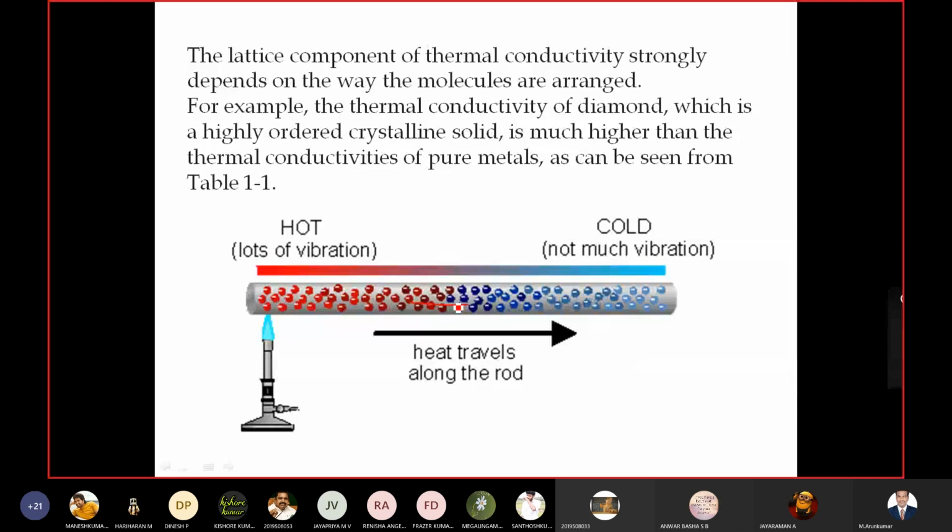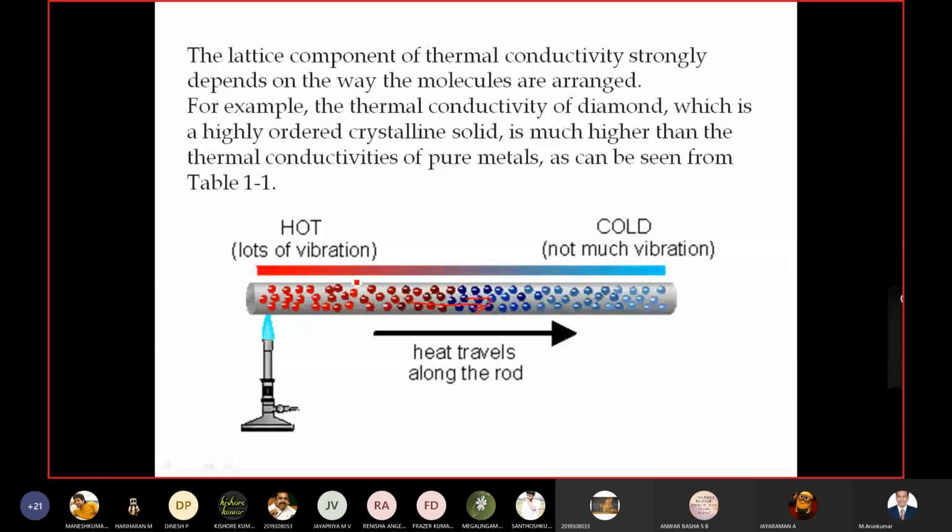So heat travels along the rod in this direction. At the other end, there will not be much vibration, so we can differentiate the rod into a hot end and a cold end.